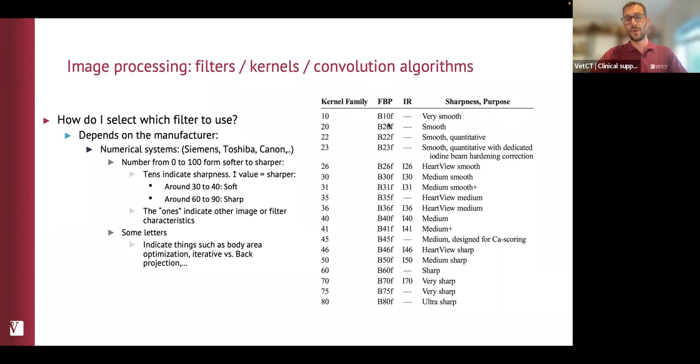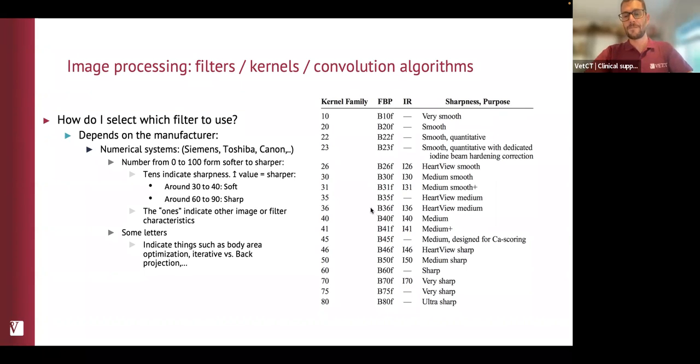You get some other numbers, the units, which have a very specific meaning and don't necessarily address the smoothness. For example, B45F: the 5 after the 4 indicates it's a calcium scoring optimized image. That goes into an awful lot of optimization, which is very often difficult to keep up with. And then there are some letters that may indicate things such as, for example, B is for body.